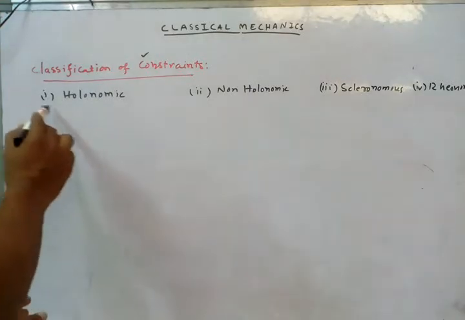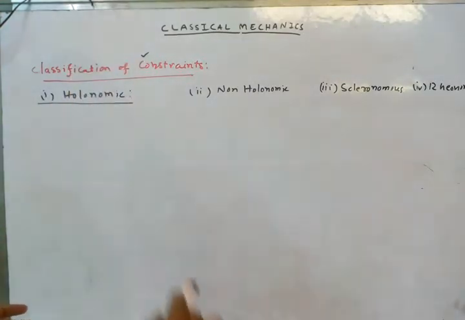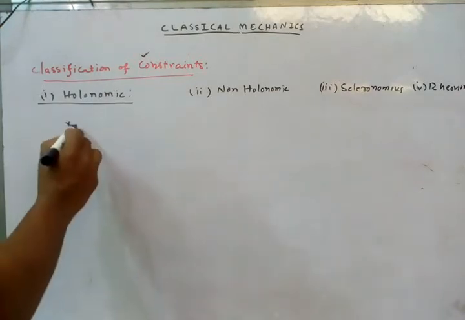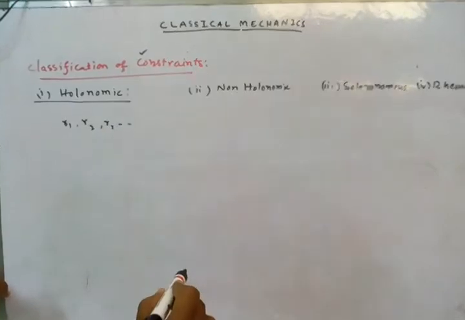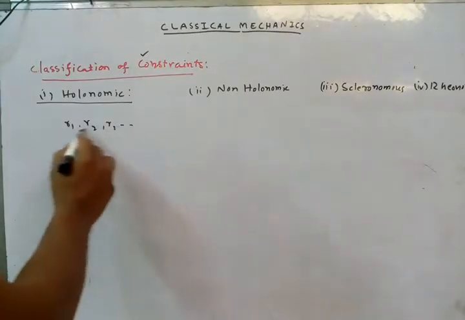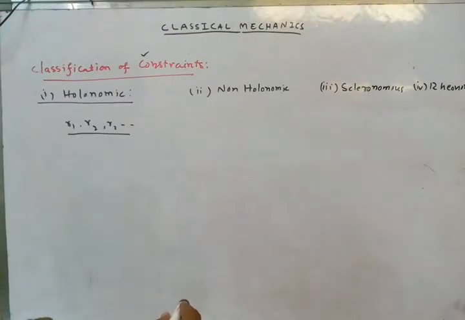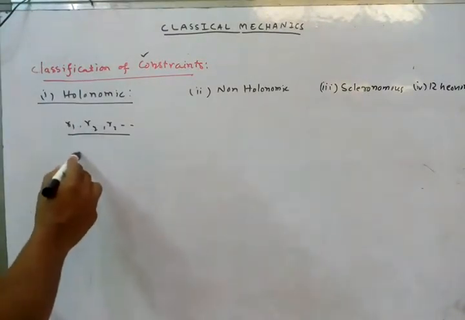So first we are discussing holonomic constraints. What are the holonomic constraints? See, r1, r2, r3 are position vectors, position coordinates of a system of particles.